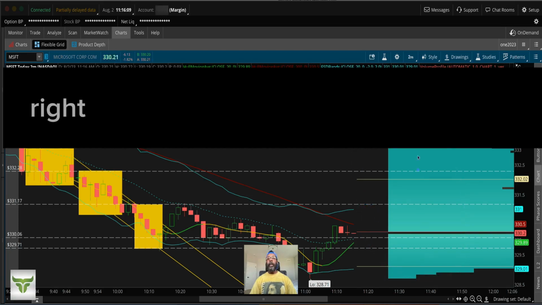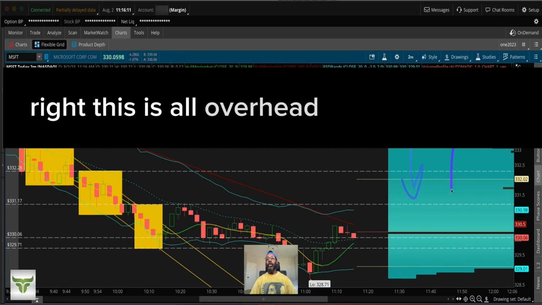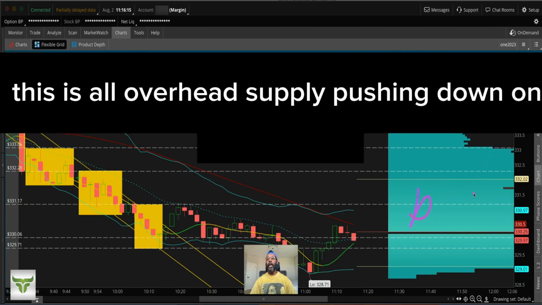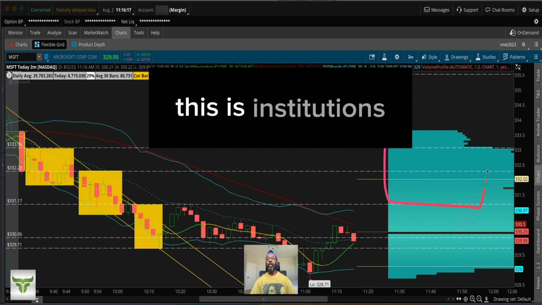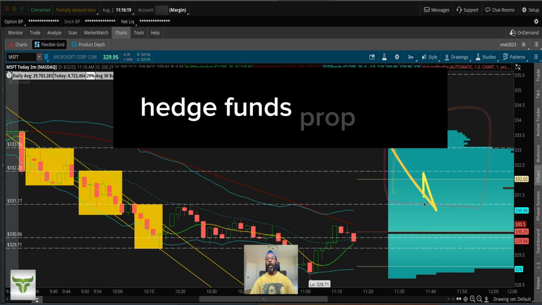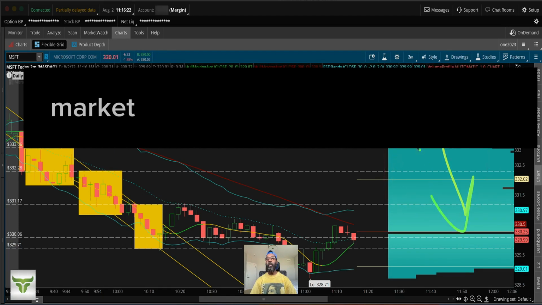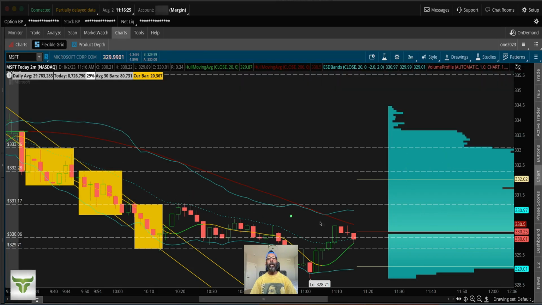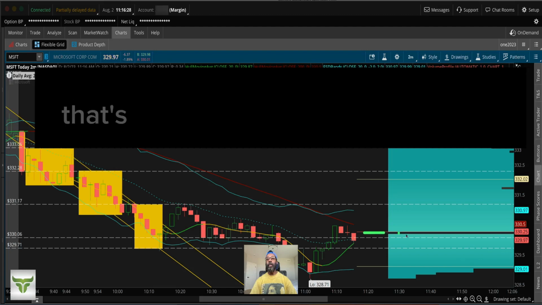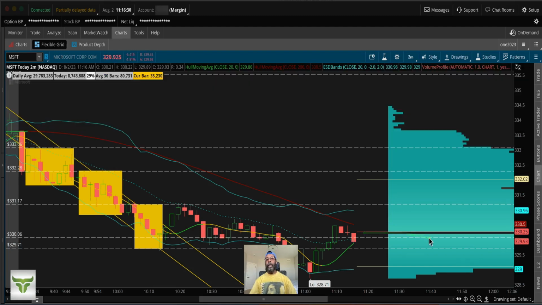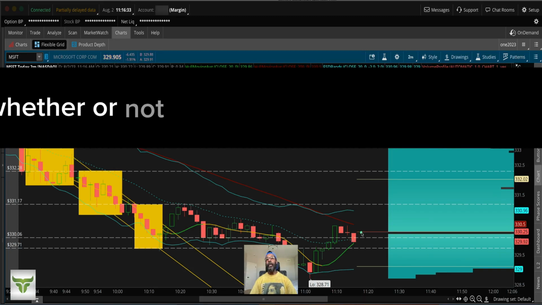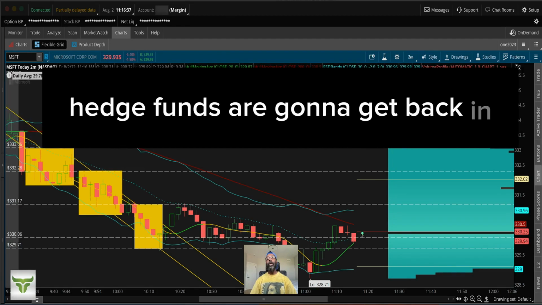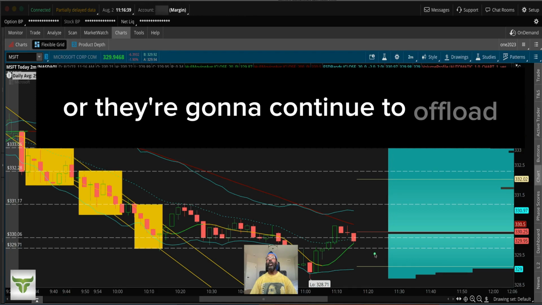This is all overhead supply pushing down on Microsoft. This is institutions, hedge funds, prop desks, market makers unloading on Microsoft. This is where the algorithms are traded. That's the point of control right there. This lets you know whether or not institutions and hedge funds are going to get back in, or they're going to continue to offload.